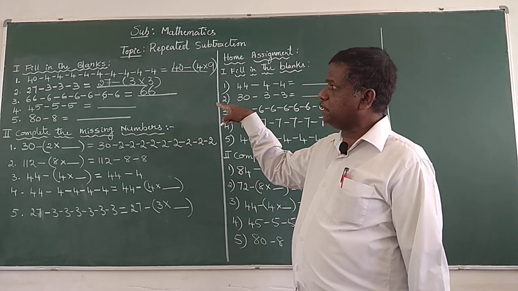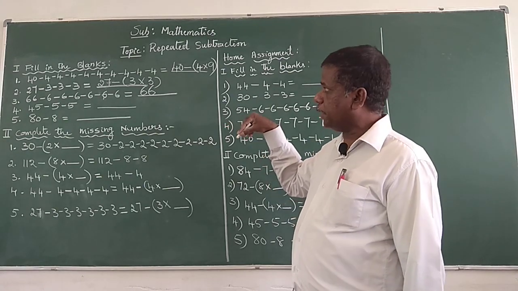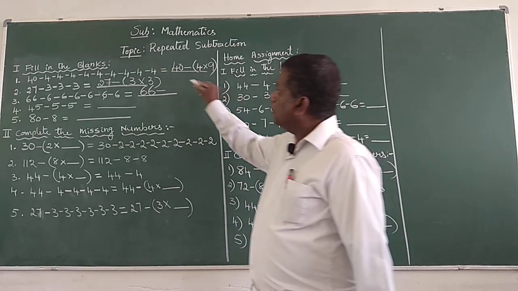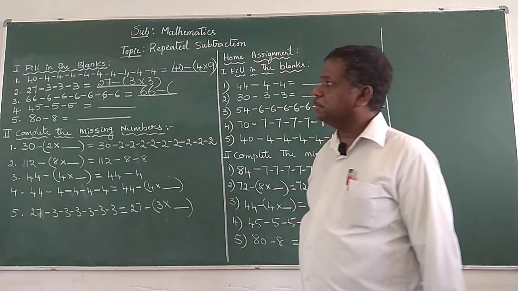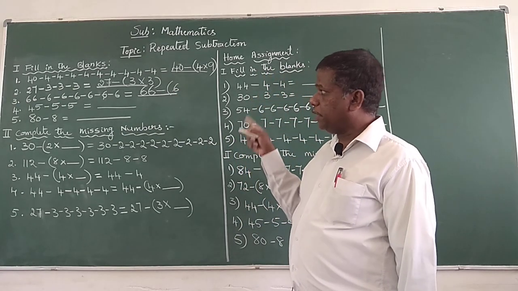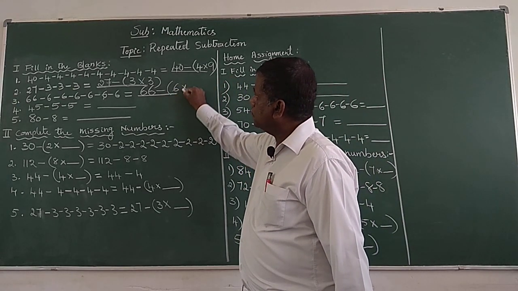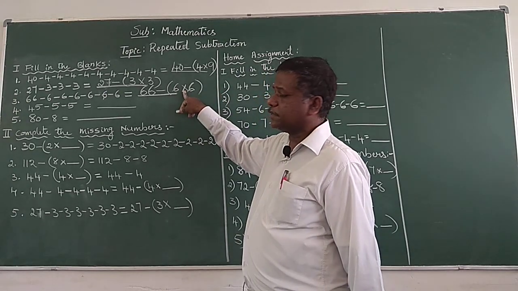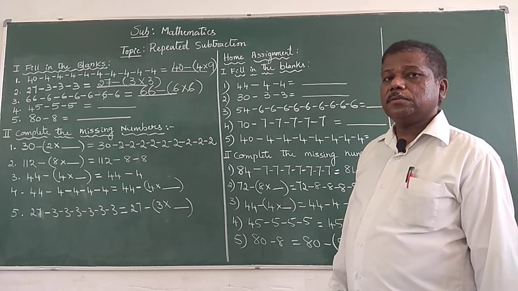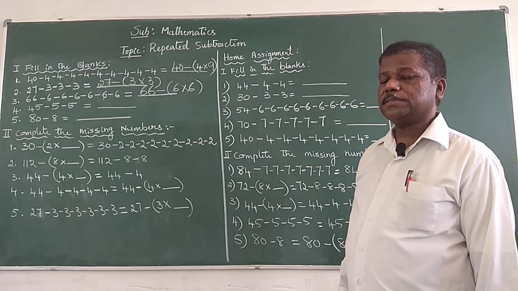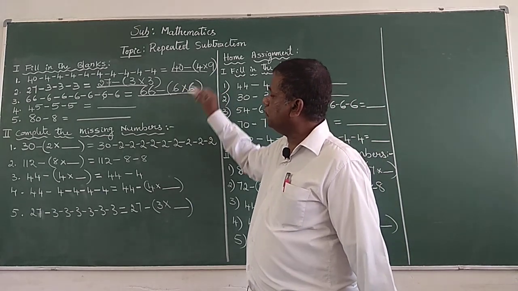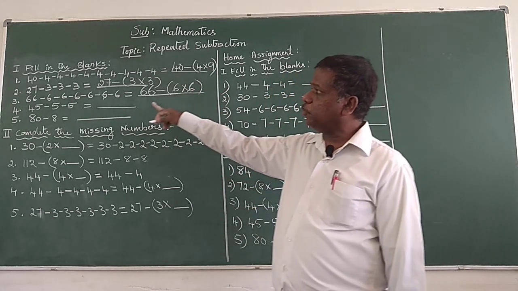From this number, 6 is subtracted. Correct? So write the minus sign. Open a bracket. 6 is the number subtracted. How many number of times? 6 times. So multiplication sign 6 times. So 66 minus bracket open, 6 multiplied by 6 bracket close. This is the expression which is required to explain what is on the left side.